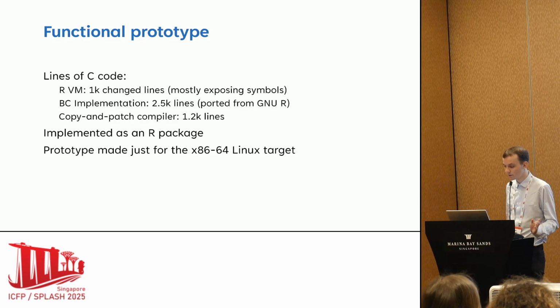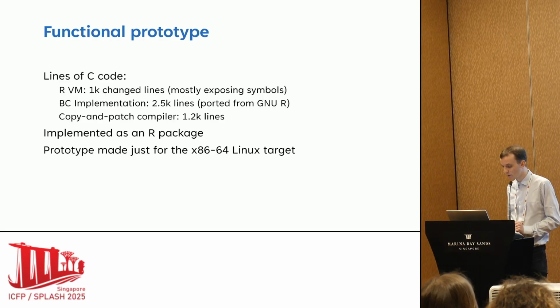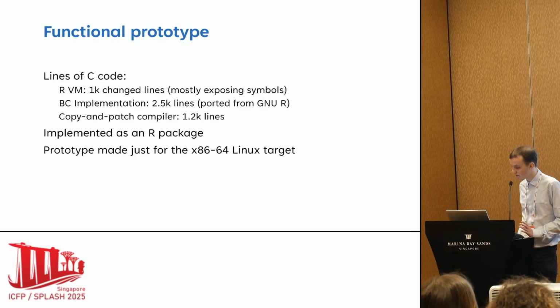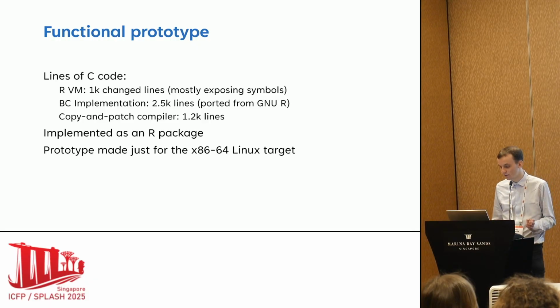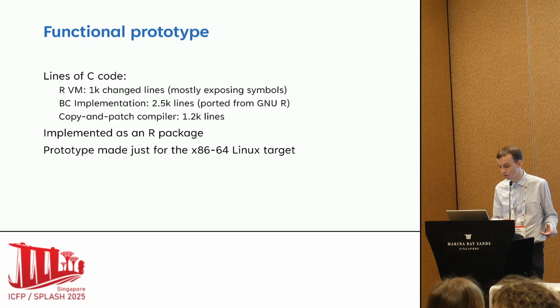To conclude our efforts, we built a functional prototype able to compile any R function into native code. It took around 1,000 lines of code changes in the GNU R virtual machine, which are almost exclusively just exposing symbols that should usually be hidden, to be able to use them for our JIT.